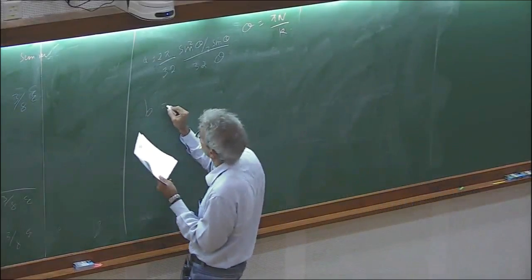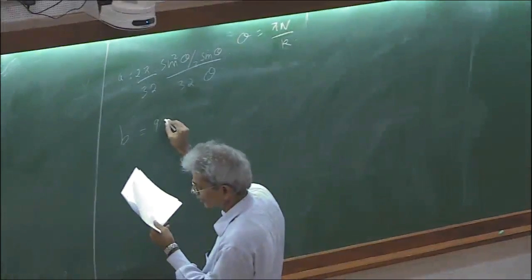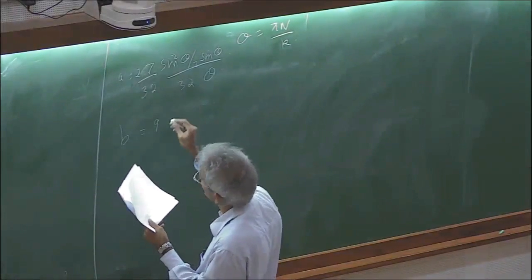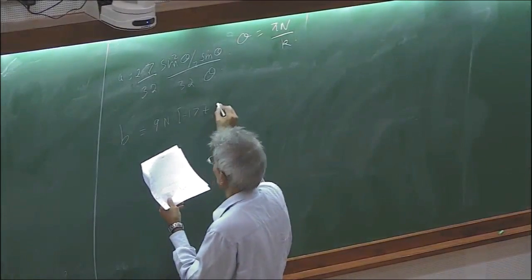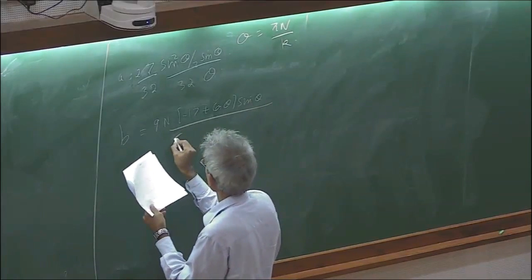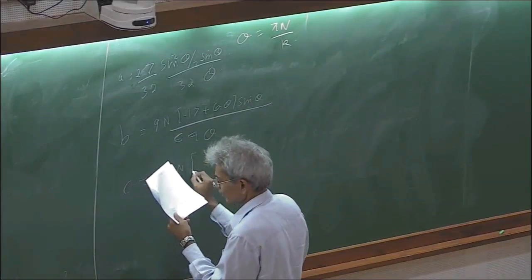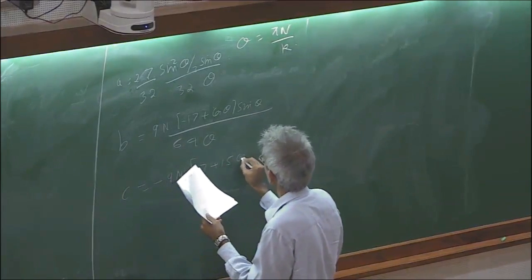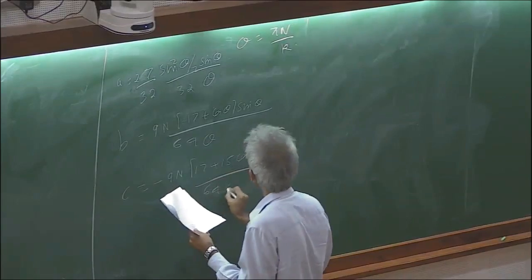So this is large N Chern-Simons coupled to fermions. It's 9N minus 17, I think, if I copied it correctly, sin theta over 64 theta. And C is minus 9N 17 plus 15 cos theta sin theta over 64 theta.